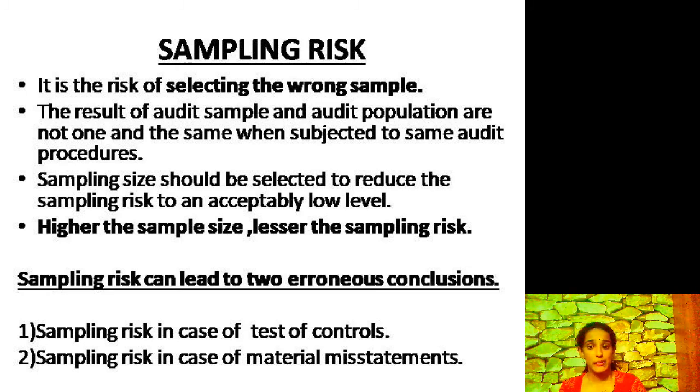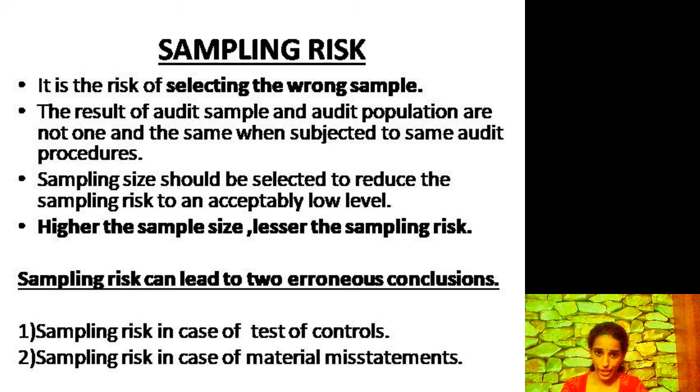Say, for example, I am applying an audit procedure. There are 1000 transactions. 100 transactions I am selecting as a sample. In these 100 transactions I apply the audit procedures and I get a result. Now, say I am vouching each and every transaction, hundreds of transactions I am vouching.